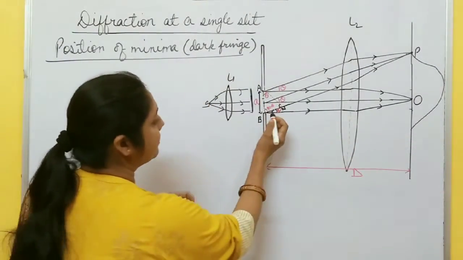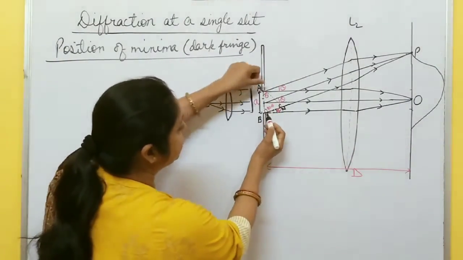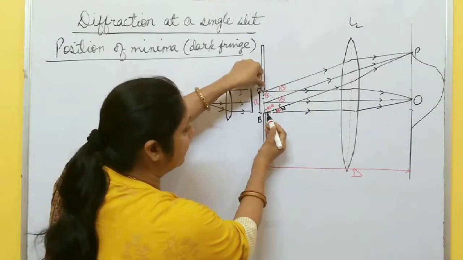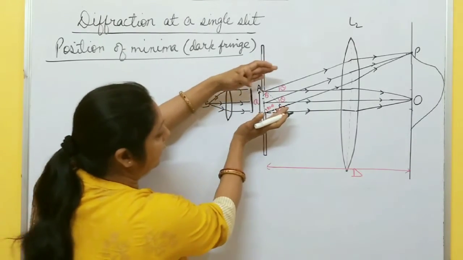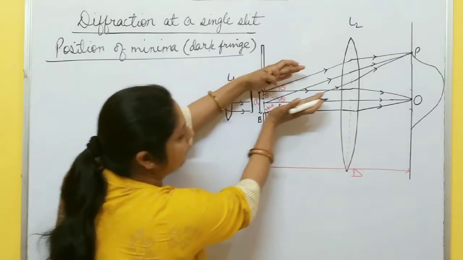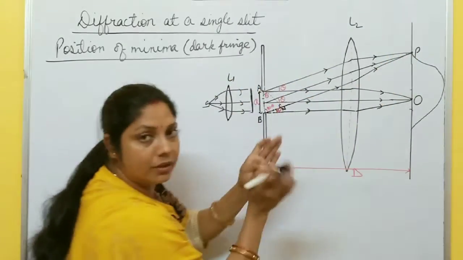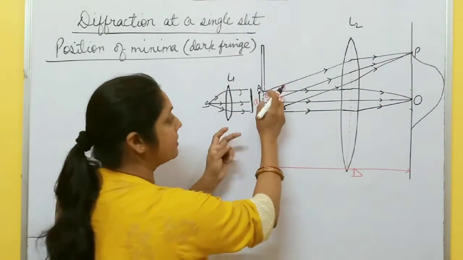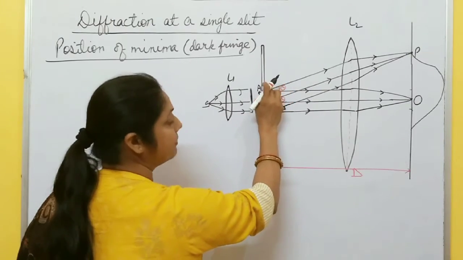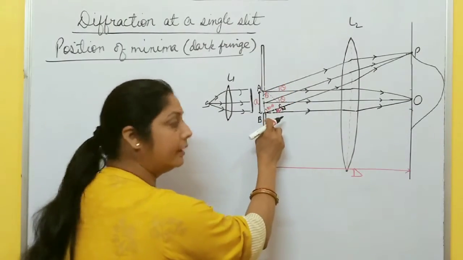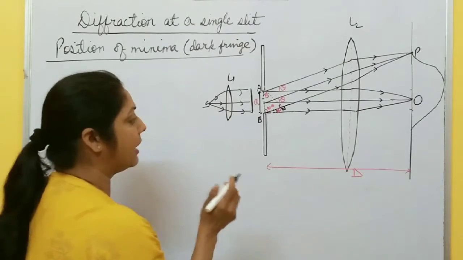What is the path difference between the wavelets from points A and B? Because the lines going from A and B to the focus at point P are not the same, there is a path difference between the secondary wavelets at A and B. What is that path difference?